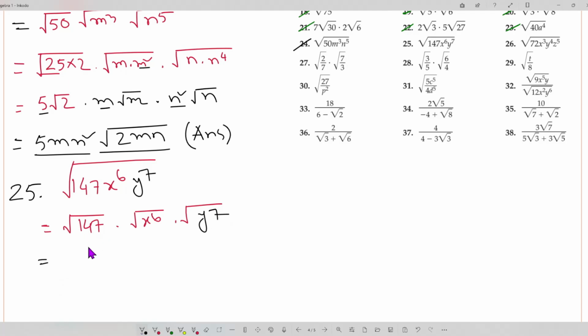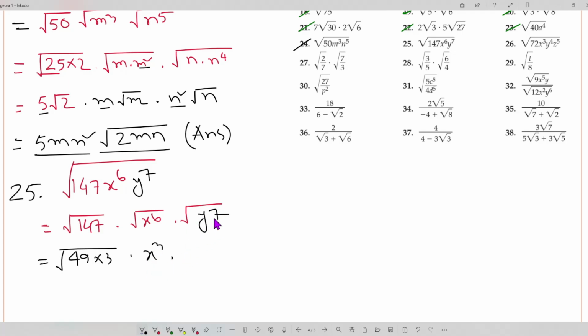Now this 147 we can write 49 times 3 square root, and this x to the power 6, once we make square root, first we can write x to the power 4 x square square root, or directly we can write x to the power 6, once we make square root we get x cube, right?